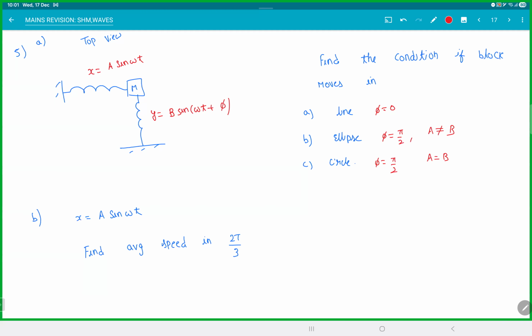Get the B part. B is a good question. X is equal to A sine omega t. Find the average speed in 2T by 3. This is simply equation of a, you can just eliminate time and you'll get these equations.